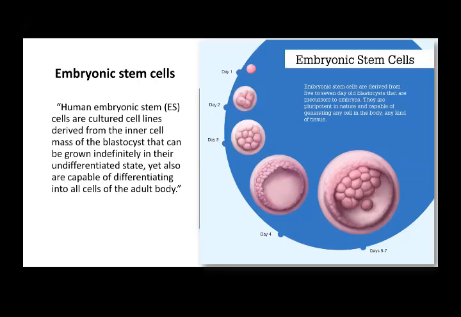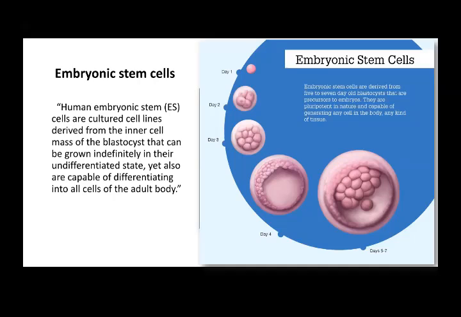Now, embryonic stem cell lines are cultures of cells derived from epiblast tissue of the inner cell mass of a blastocyst, or the earlier morula stage, approximately 4 to 5 days old in humans and consisting of 50 to 150 cells.